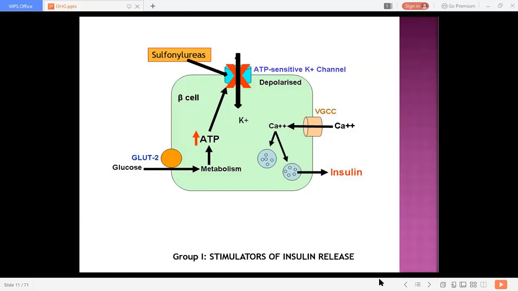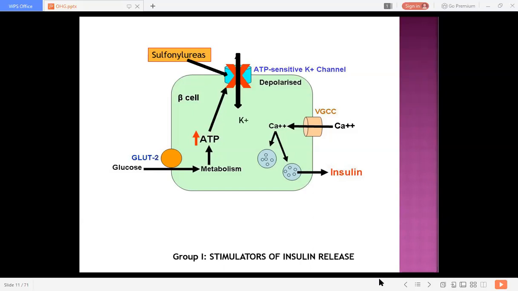Sulfonylureas bind to the specific receptors on the beta cells of the islets of Langerhans of the pancreas, and they block ATP sensitive potassium channels. Blocking of ATP sensitive potassium channels leads to depolarization.